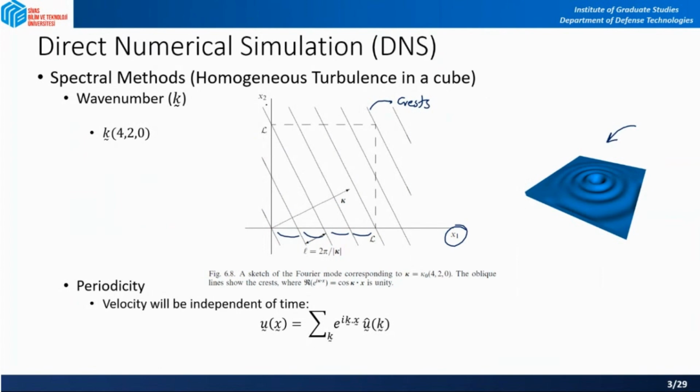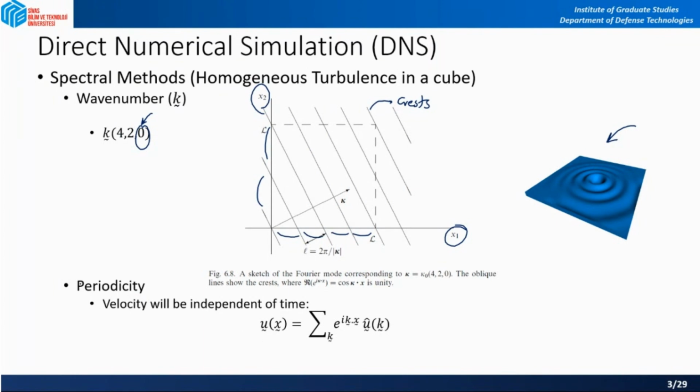Along the x2 direction, you have two. And since it is two-dimensional, there is no wave along x3, so it represents your wave number of 4, 2, 0.